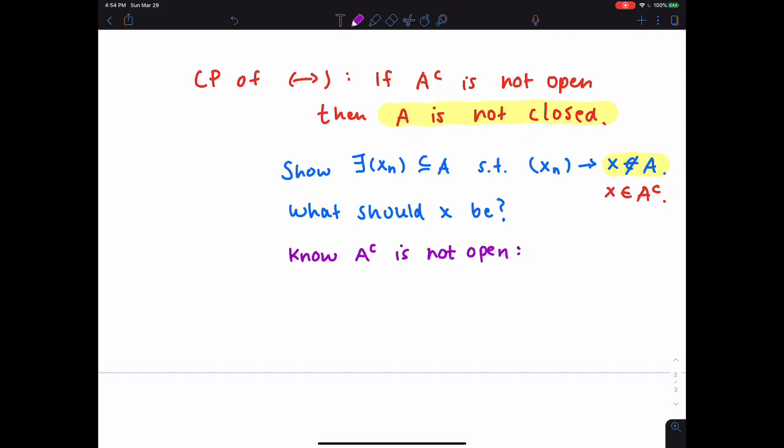If I write out what that means, it means there exists some X in A complement, i.e. X not in A, that sounds good, such that for all epsilon greater than 0, V_epsilon(X) is not a subset of A complement.